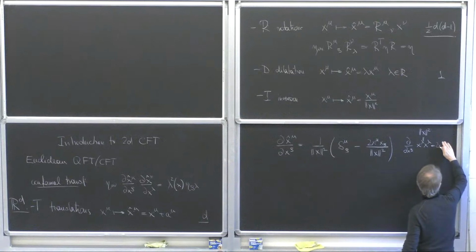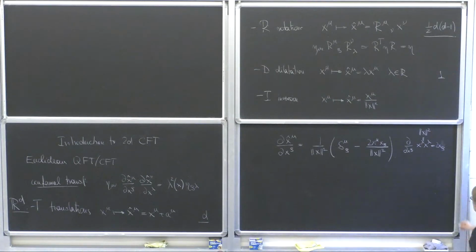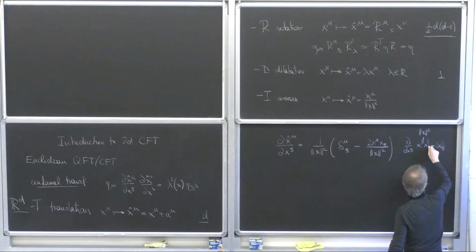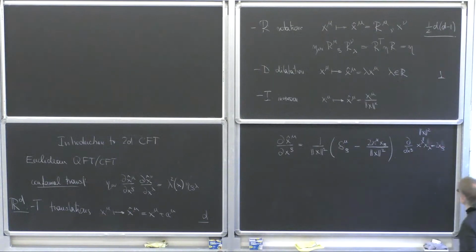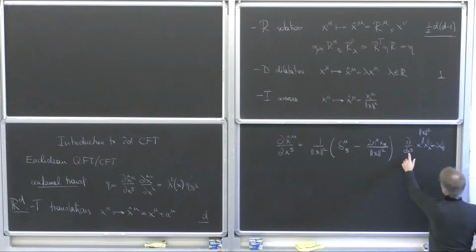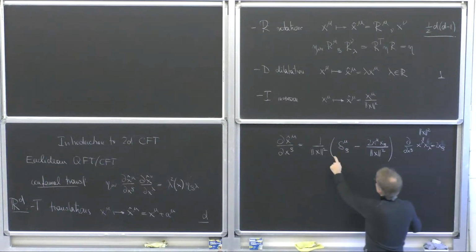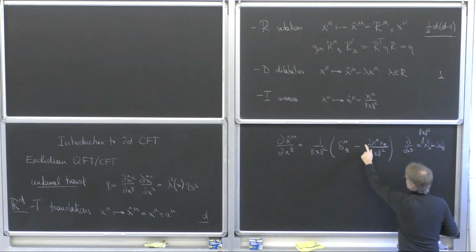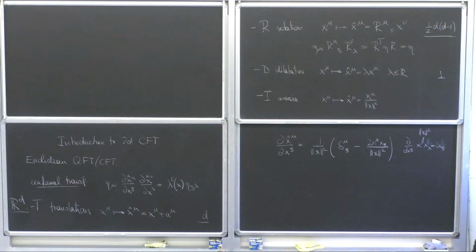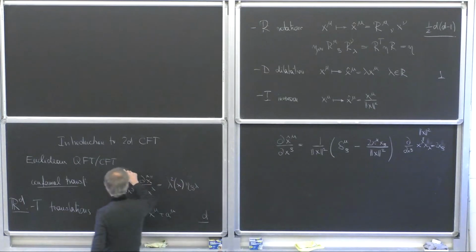I have to be careful: if the indices are downstairs, it'll be 2 times x_ρ upstairs, because I should have really written it this way. If I contract indices properly, taking the derivative with respect to the upper index, the lower index survives, and because there are 2 terms, I get 2 times x_ρ. This I multiply with the x^μ, so this gives me the minus 2 x^μ x_ρ term for the second term. Okay, so that is obviously this factor here.